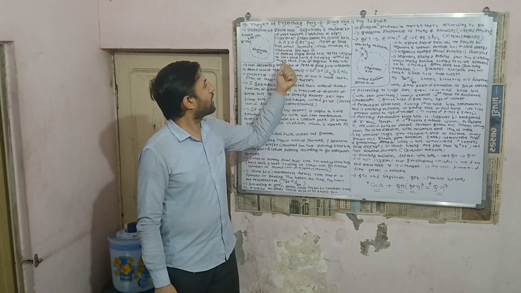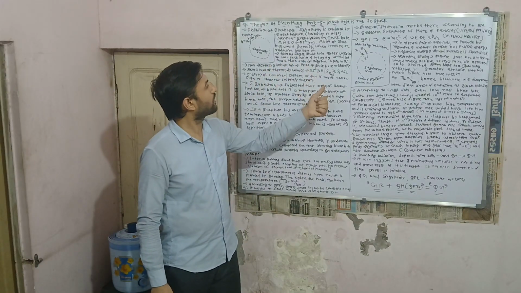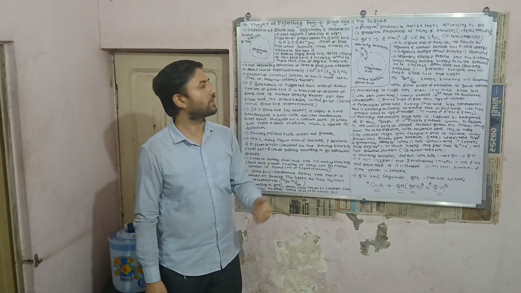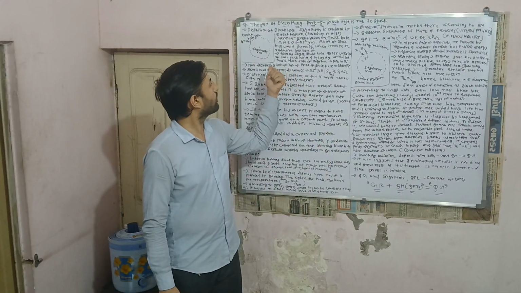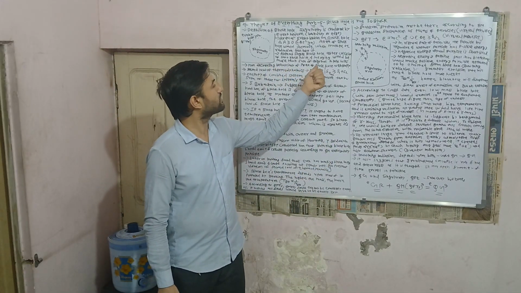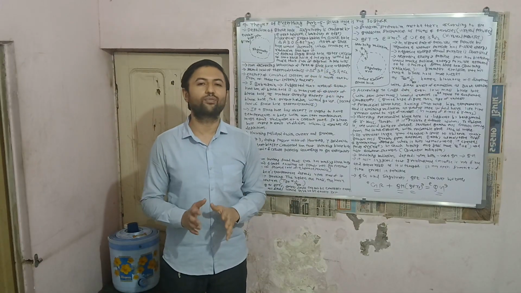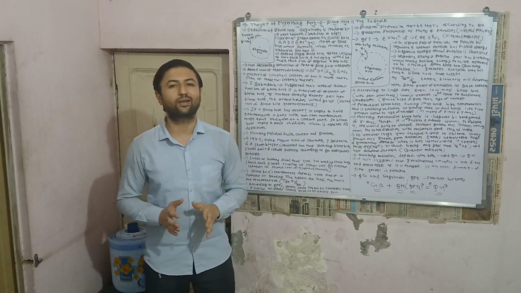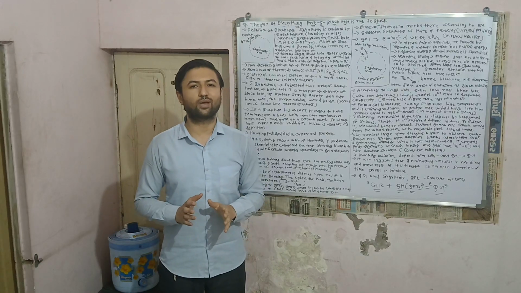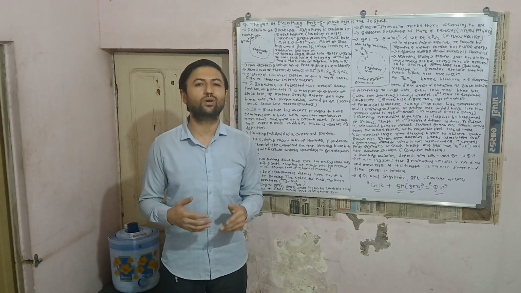Another thing is that the area of a single black hole after the collision and merger of two black holes would be more than the sum of the original black holes. It is analogous to the second law of thermodynamics. We know that according to the second law of thermodynamics, entropy either increases or remains constant.